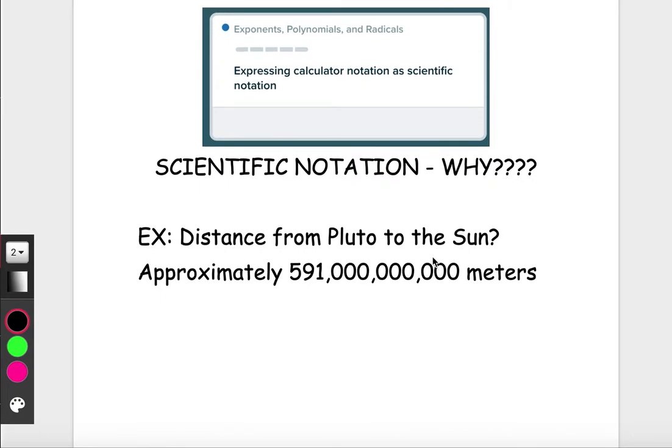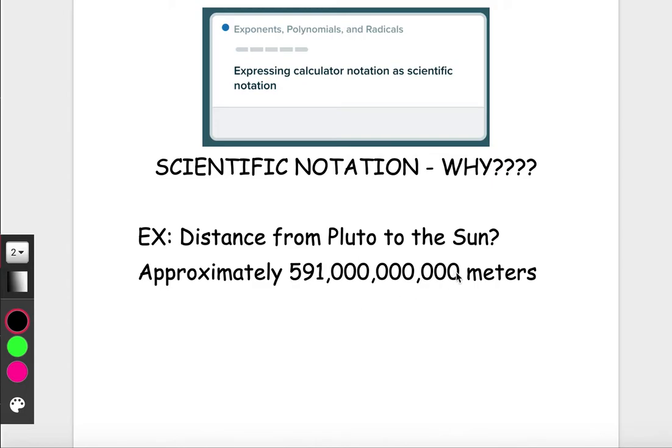So the why of scientific notation is I'm going to explain that to you right now. For example, if I am talking about the distance from Pluto to the sun, and I have this number right here, 591 billion meters. If I need to add it or subtract it to something else or compute or write it down, the problem is I don't want to be writing zeros all day long.